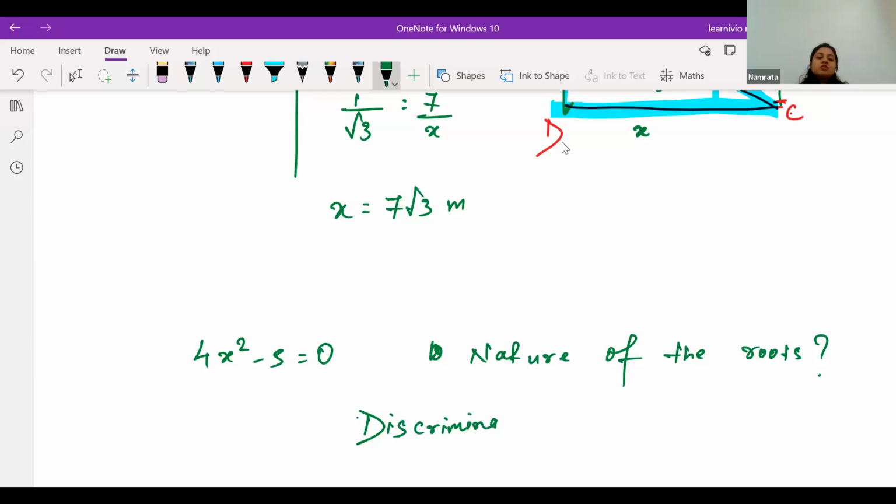So what is the b value over here? What is b here? Anyone? If we compare it with ax square plus bx plus c equals 0, the general form, what is the b value?